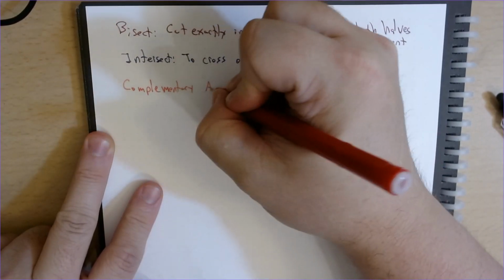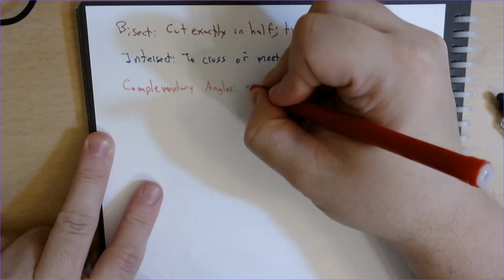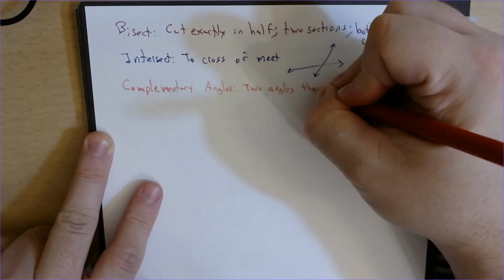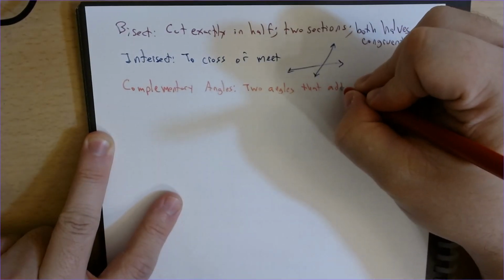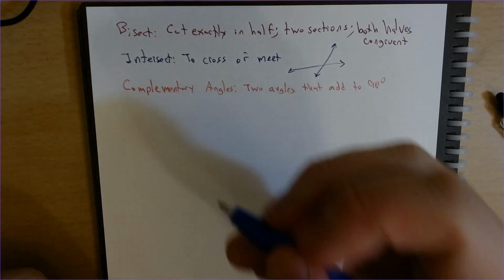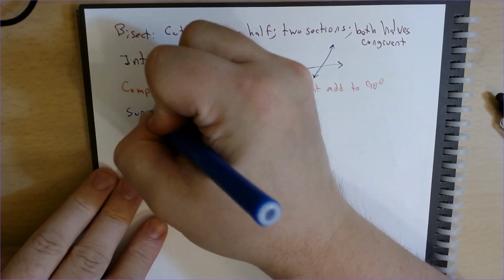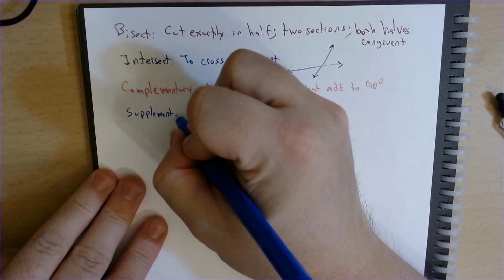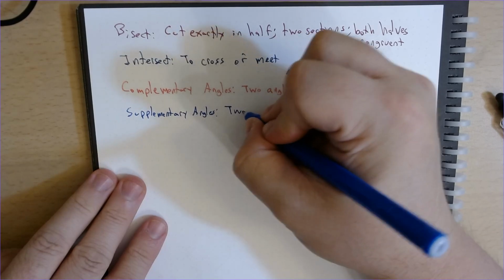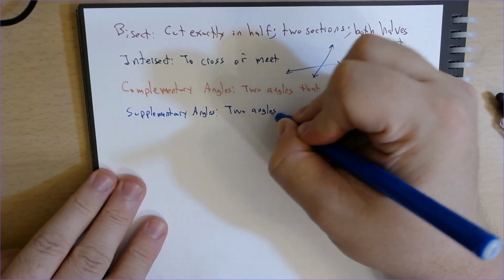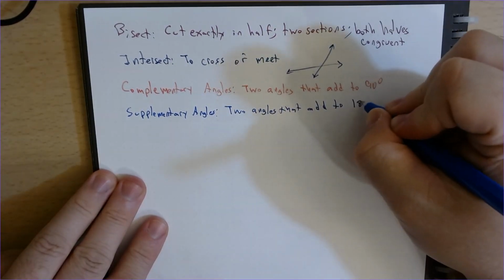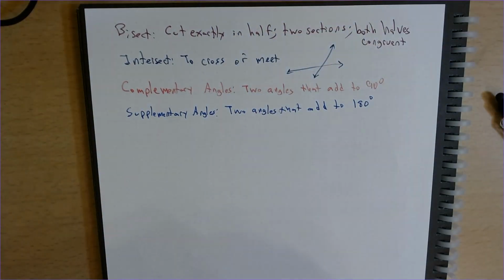Complementary angles. Two angles that add up to 90 degrees. Supplementary. Two angles that add up to 180 degrees. So you've got to be able to tell between these two.